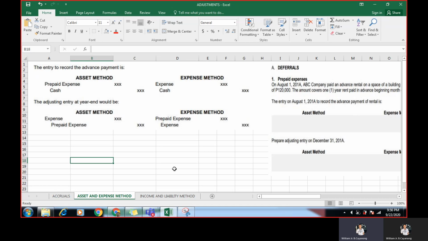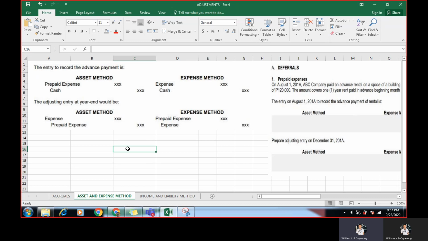So the adjusting entries for prepaid expenses depend upon the method used to record them. So we have here the asset method and the expense method. If we are using the asset method, the account debited upon payment is an asset account, meaning we are recognizing all of the payment as an asset.